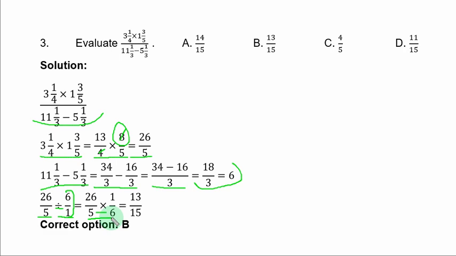When you reduce and multiply, you have 13 over 15. You can divide 26 by 2 and have 13. Divide 6 by 2 and have 3. So 3 times 5 is 15. So the answer is 13 over 15. B is the correct option.